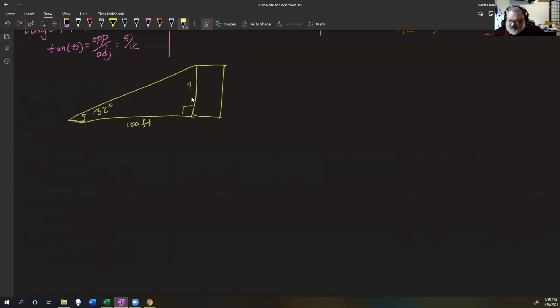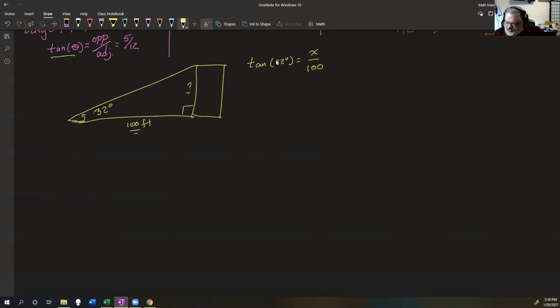Well, we can find that using our trig functions. We want the opposite side here. We know the adjacent side. And our tangent function talks about opposites and adjacents. Our cotangent does as well, but tangents are primary. So we know the tangent of our angle, 32 degrees, should equal the ratio between this unknown side and that 100 feet.